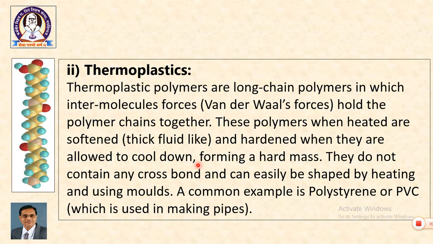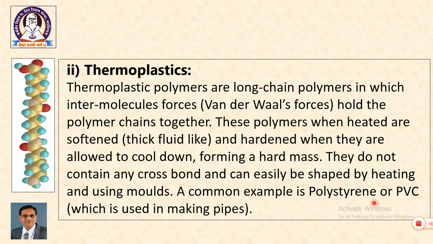Means thermoplastic can be remolded. When you heat, they get converted into a fluid like mass, and when we cool again, they form a hard mass. They do not contain any cross bonds and can easily be shaped by heating and using suitable molds.